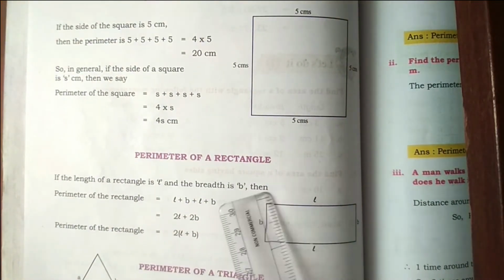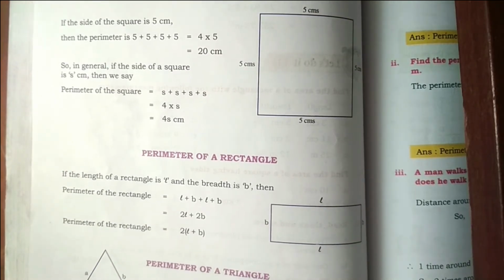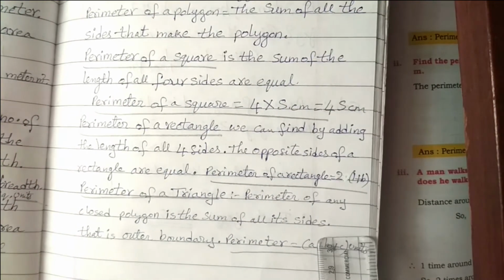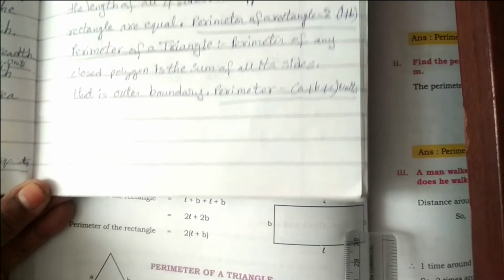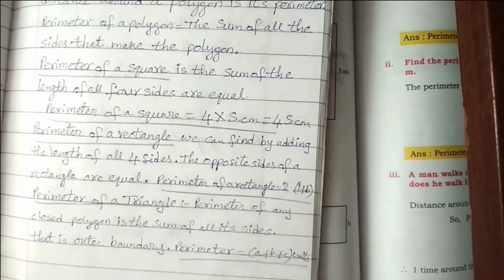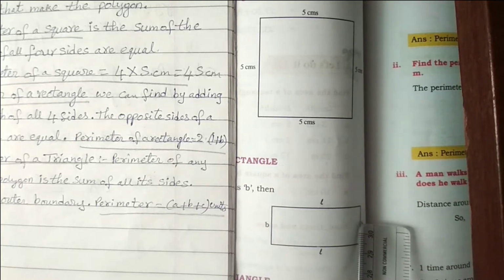So now you see the perimeter of a rectangle. Perimeter of a rectangle we can find by adding the length of all 4 sides. That means see here the opposite sides of a rectangle are equal. Perimeter of a rectangle is equal to 2 into length plus breadth.